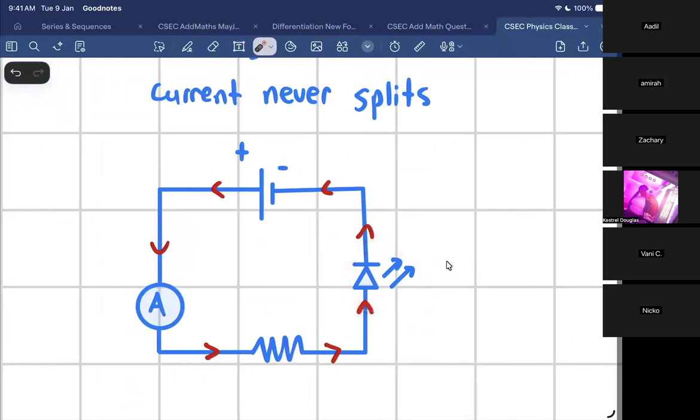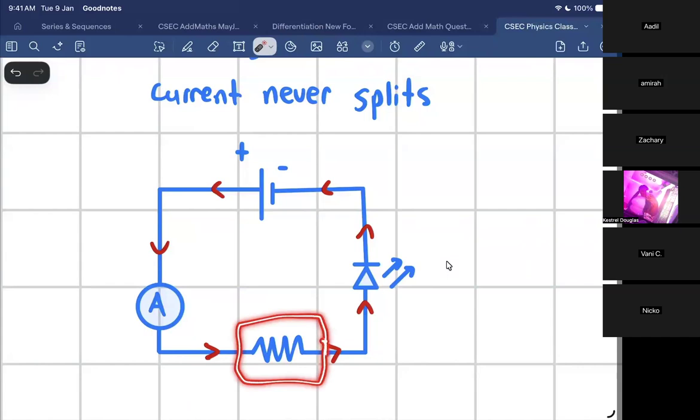All right. So Adil, this is a light emitting diode. Say it for me. A light emitting diode. And what do you think a light emitting diode does? It emits light. Yeah, it emits light, right? What do you think this is? I do not know.